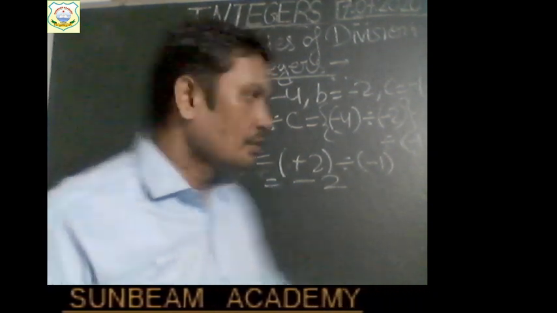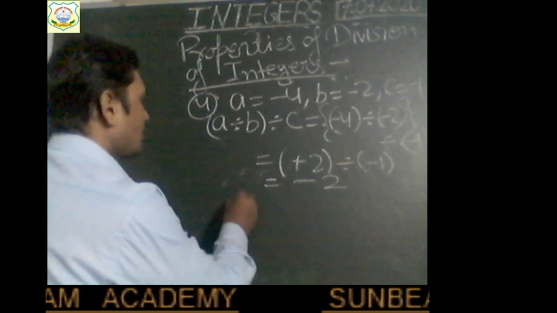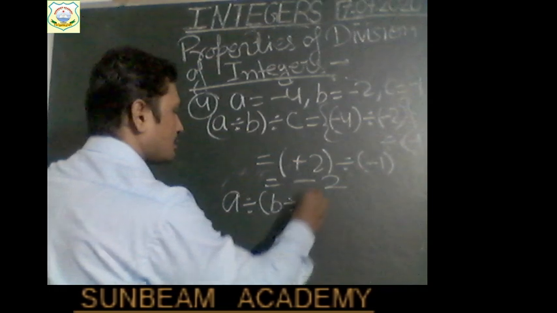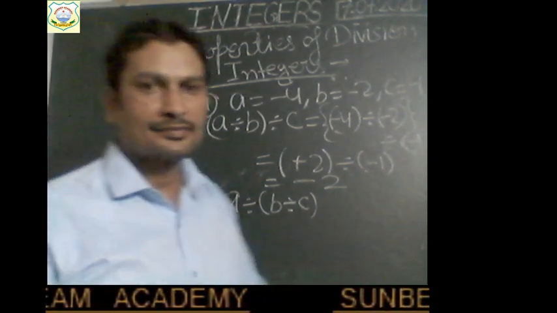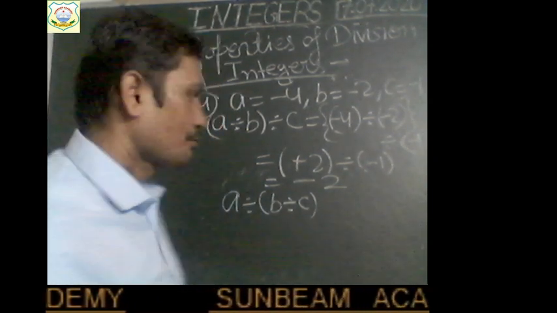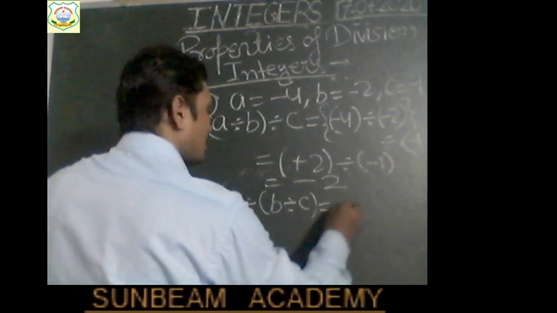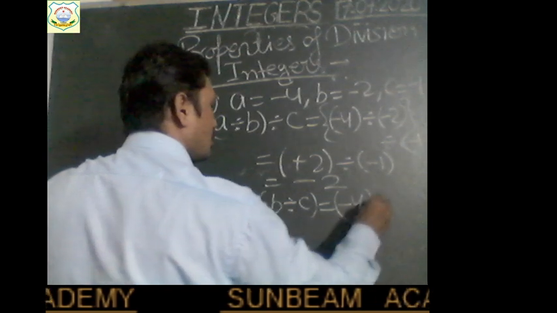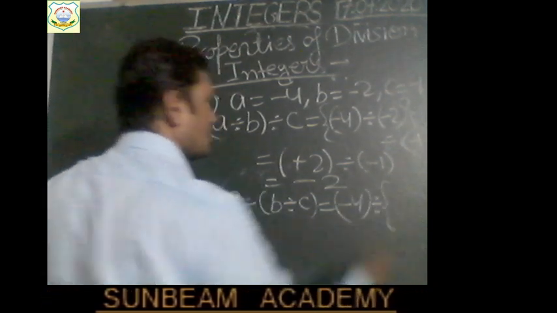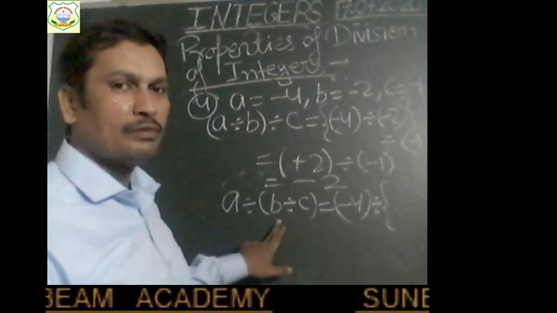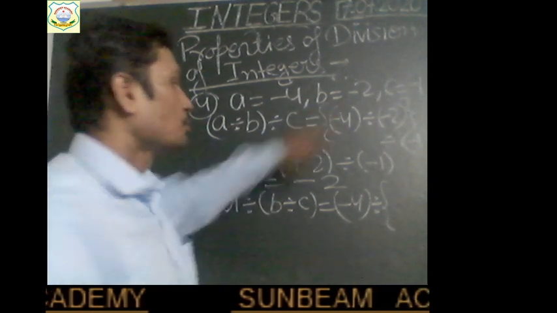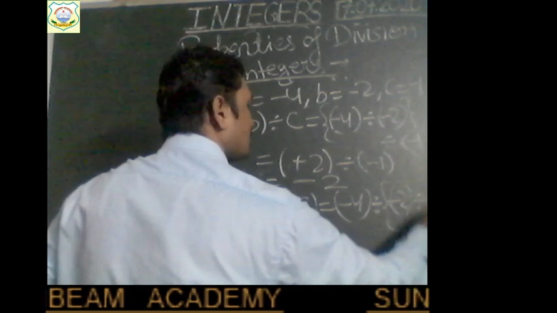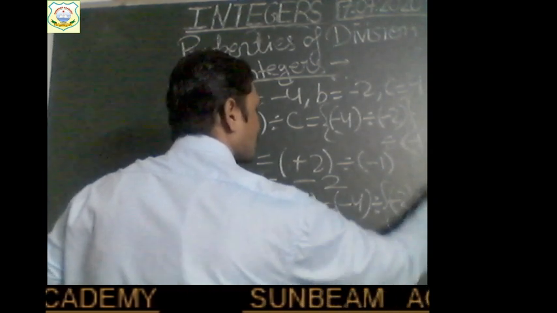Now find the value of a divided by b divided by c. Then what do we get, children? Value of a is minus 4 divided by b, value of b is minus 2, divided by c, minus 1.